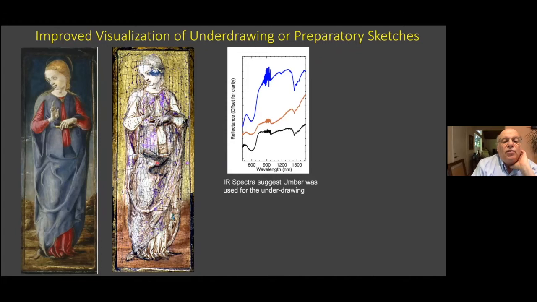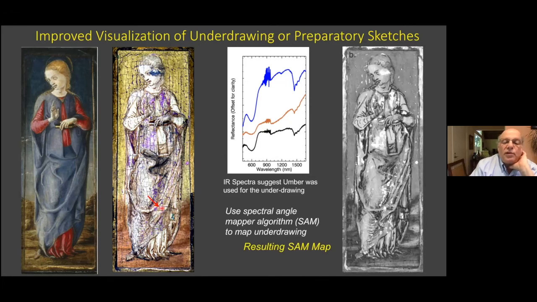The brownish color looks like it could be this umber pigment, so we could use the reflectance spectra at one point here from these lines, make a map of just that particular spectral shape, and we end up with something that looks much more reasonable and clear as a preparatory sketch. And you can see the fine lines, the handling of a very liquid type of underdrawing that builds up this figure without the distraction of these partially painted areas.